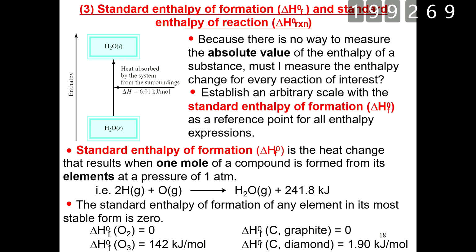And for carbon, the most stable state is graphite. Graphite is the most stable, so this is 0. But diamond, of course, is stable too, but the energy of diamond is higher than the energy of graphite. Diamonds are formed in nature, right?